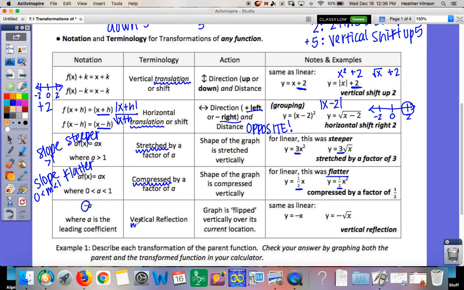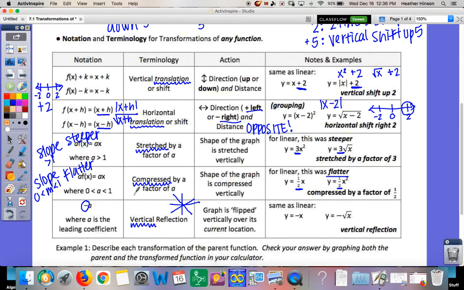It's technically called a vertical reflection. There is a horizontal reflection, but we're not going to talk about horizontal yet, so we want y'all to be very specific with vertical reflection. That just means, just like last semester, it's just going to flip. So if we had a line that was going up, if there's a negative on front, it's going to go down.